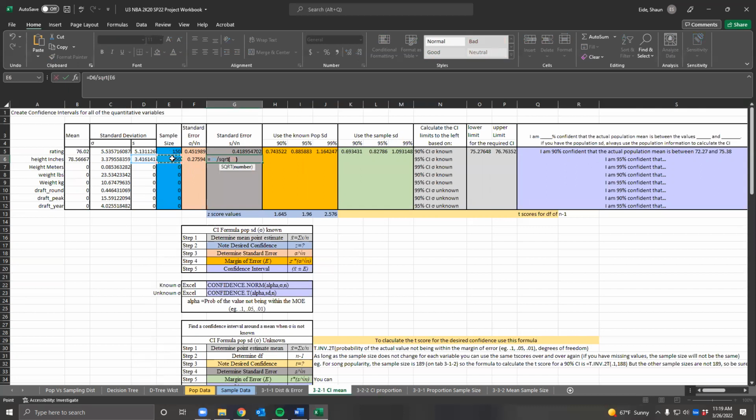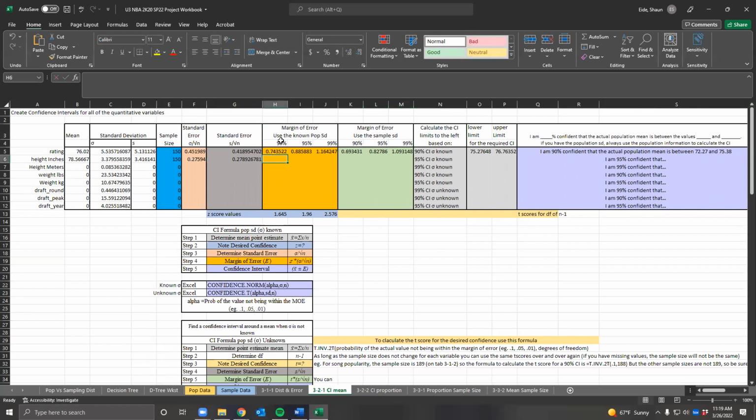No, we did that right at the end, but we didn't make its own little thing. And so now what we're doing here, this really should say margin of error, use the known population standard deviation. And then you could pretty much say this is margin of error, use the sample standard deviation.